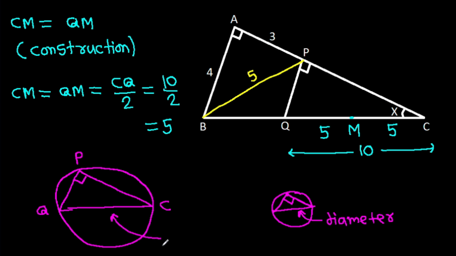So CQ will be the diameter, and suppose the center of the circle is M, then CM will be equal to QM, equal to PM, that will be the radius. So here we have CM is 5, QM is 5, so PM will also be 5.